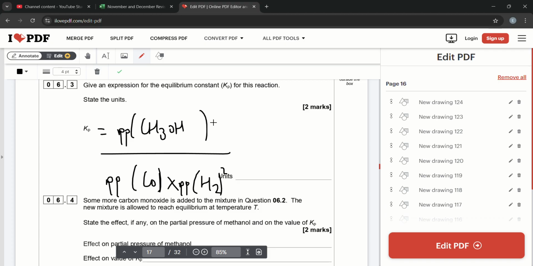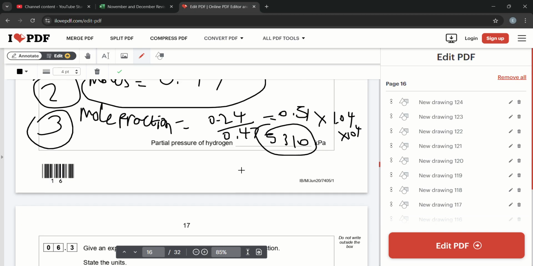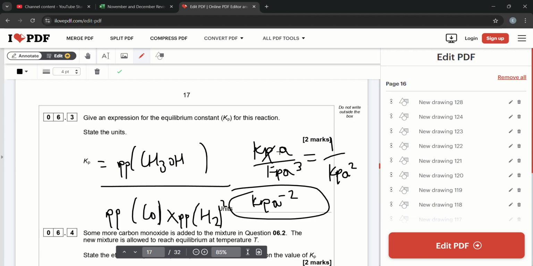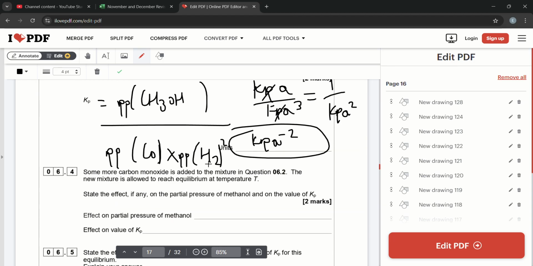And the units, well, we know it's in kilopascals, so it's kPa over kPa times kPa squared, kPa cubed, which is the same as 1 over kPa squared, which is kPa to the power minus 2. Because remember, that cancels, you're left with 1 over kPa squared.